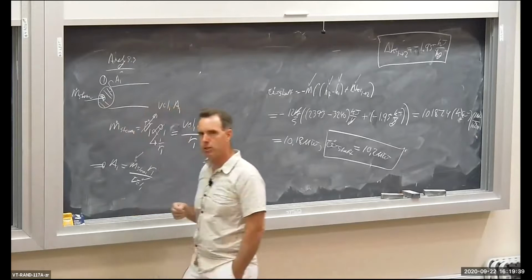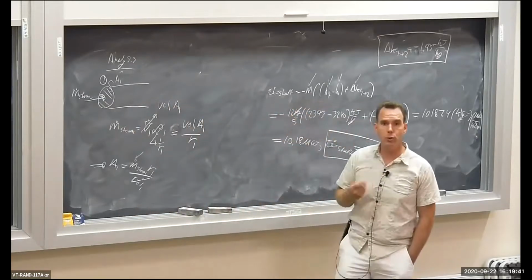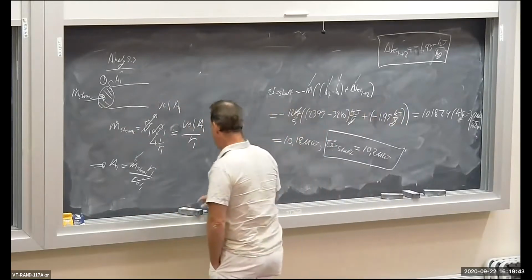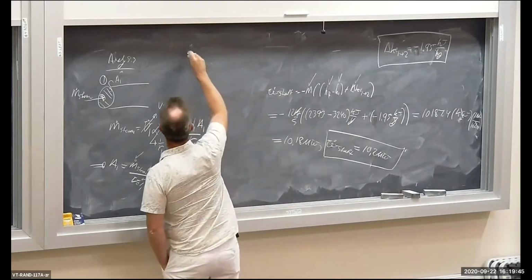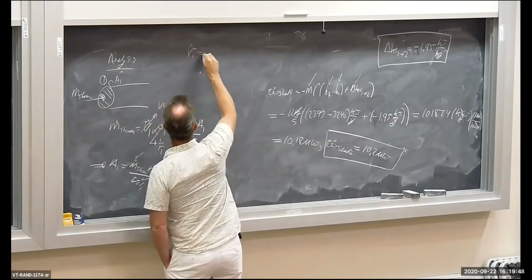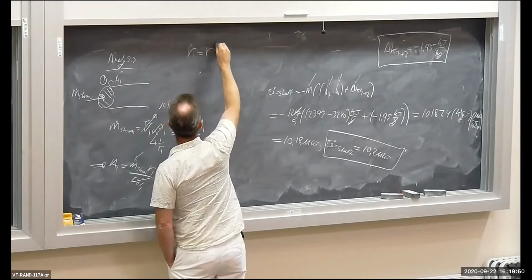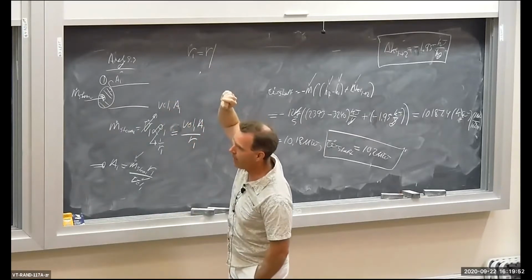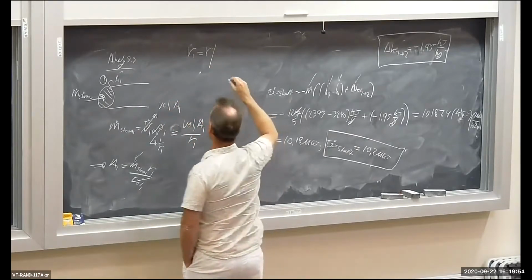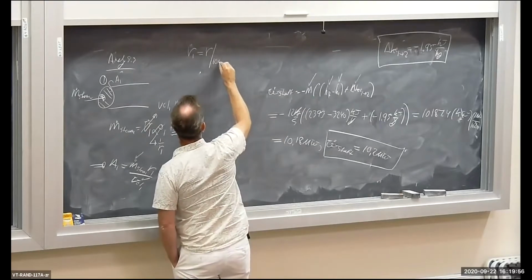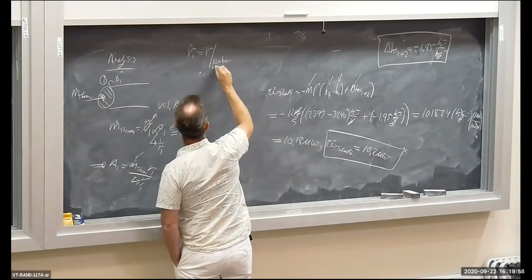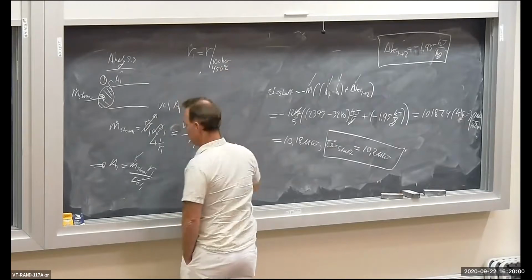I don't have the specific volume at state 1 for my superheated steam. Let's see here, how might I get this? Specific volume at state 1 is specific volume for the superheated steam evaluated at 100 bar and 450 degrees C.